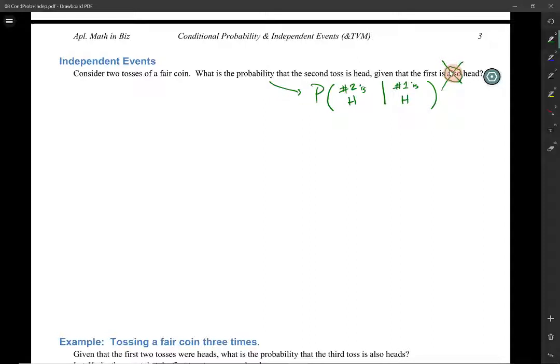So what should we do next? Make some kind of a table. What kind of a table? There's lots of kinds of tables.